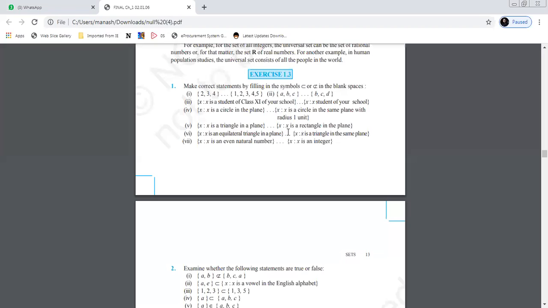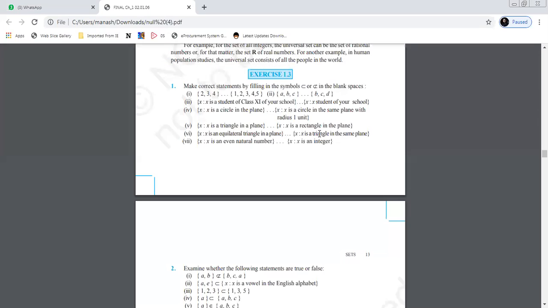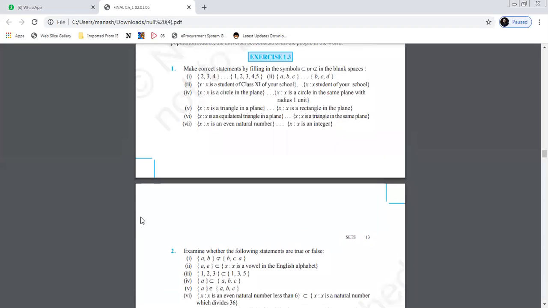The first set contains all the equilateral triangles, and the second set contains all kinds of triangles. It may be equilateral, it may be a right angle triangle, it may be an isosceles triangle also. So obviously the first one is a subset of the second one. This one you know. Okay.